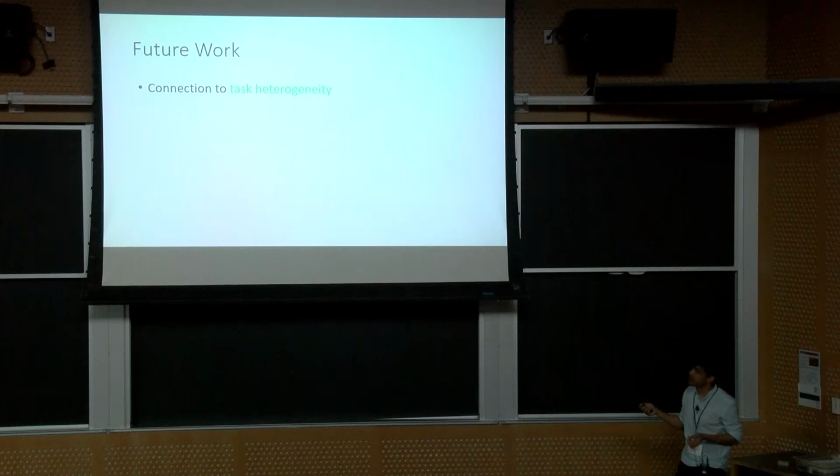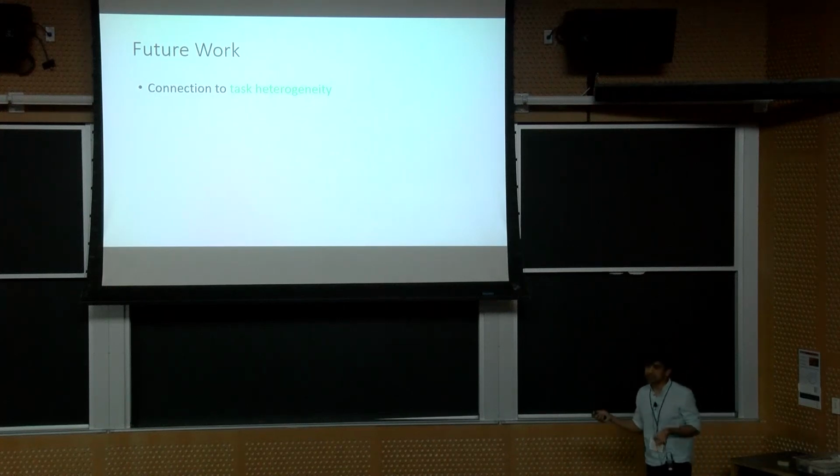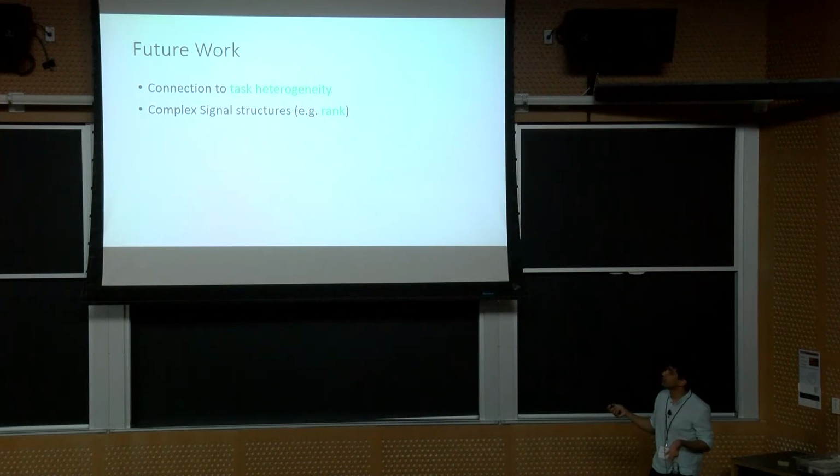For example, what happens if the tasks are also inherently heterogeneous? We can have complex signal structures, for example, users are reporting ranks. And we only considered a binary effort model, and suppose we can incentivize the users to provide multiple effort levels, and that can give us better signals. That's it.